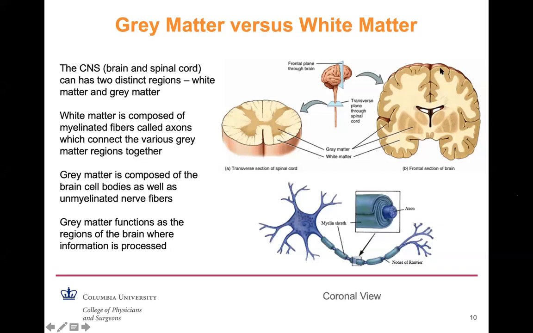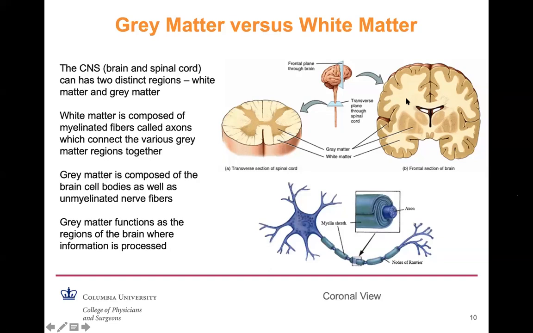This is what we call the gray matter, and it is composed of all the cell bodies, which makes it very important. And then you have the white matter, which is this more yellowish, lighter section.